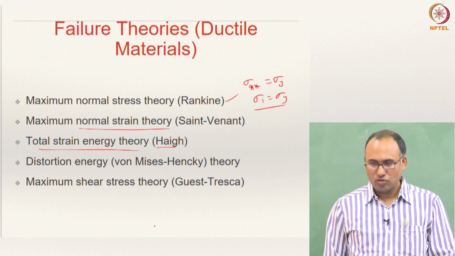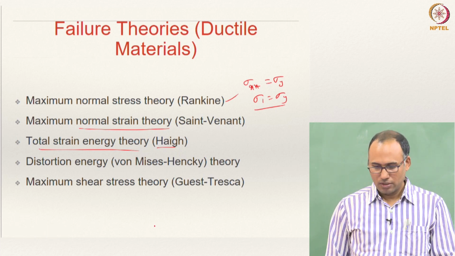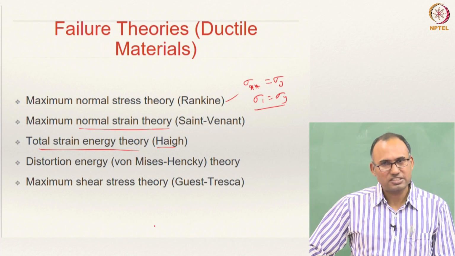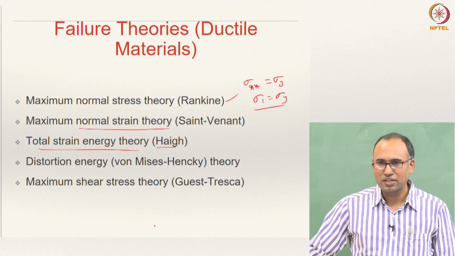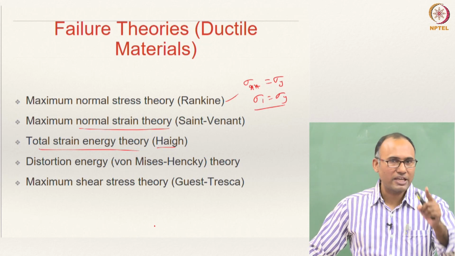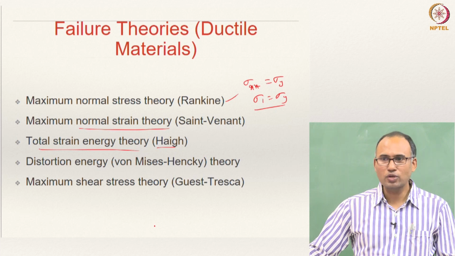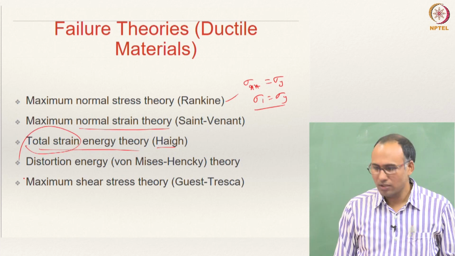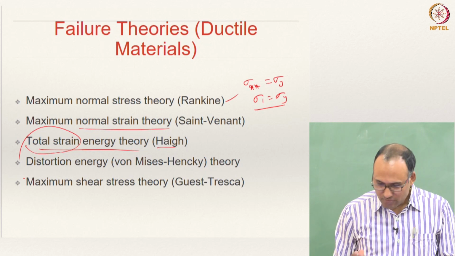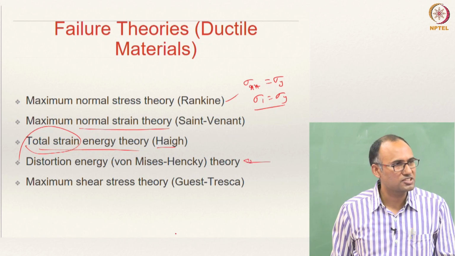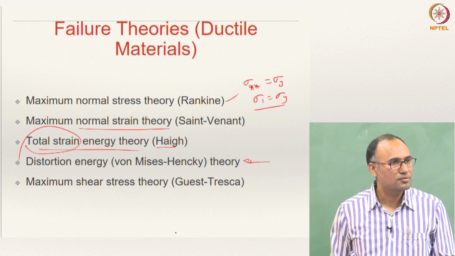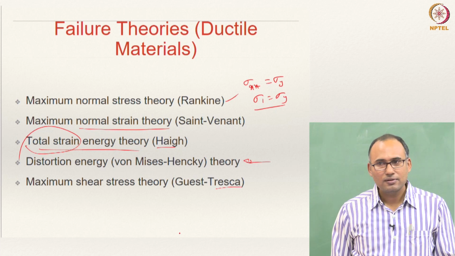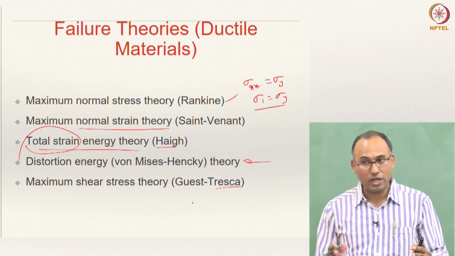And then von Mises came in and he said, okay, I like your energy approach, but I do not agree with you completely. You want to take total strain energy into account, but I don't want to take the total, I only want to take a little bit of it. And then comes von Mises theory. Not clear?